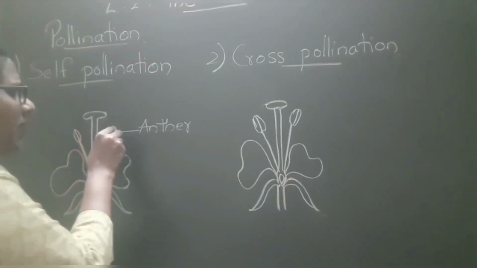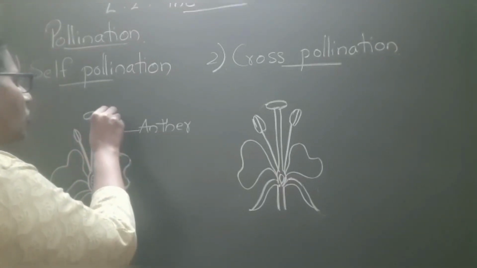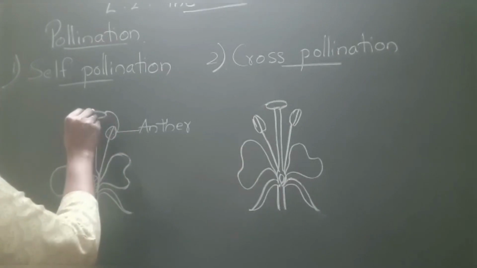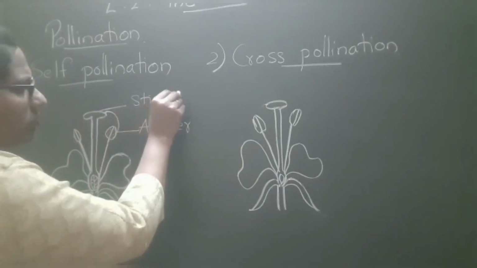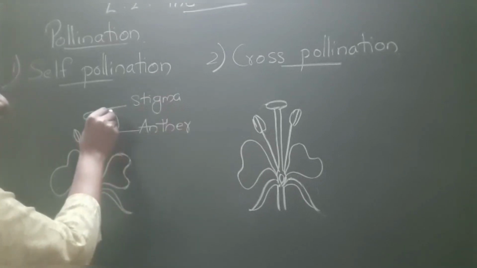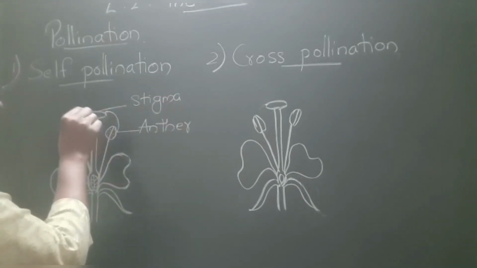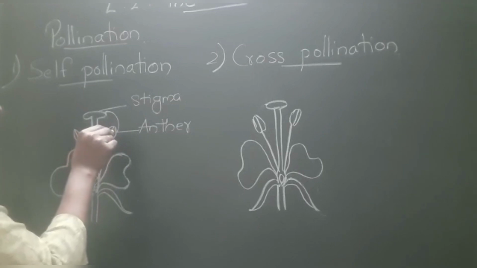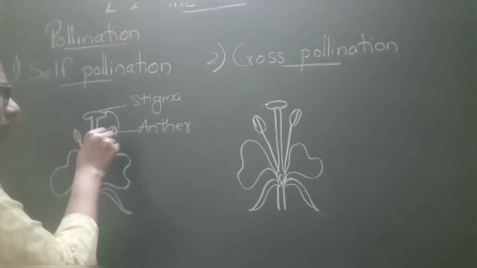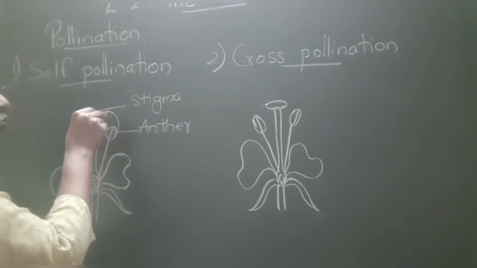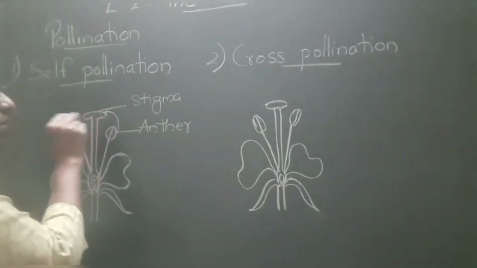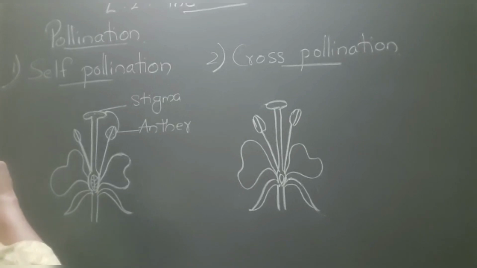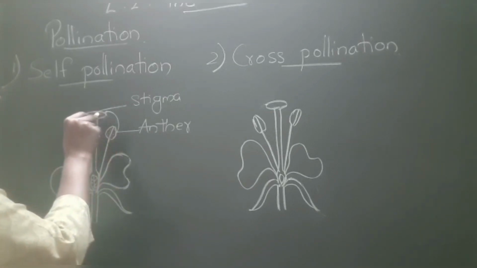Then from there it flies again and goes to the stigma. This is called the stigma. When these insects carry pollen grains from the anther to the stigma, they drop them there. That is called self-pollination.